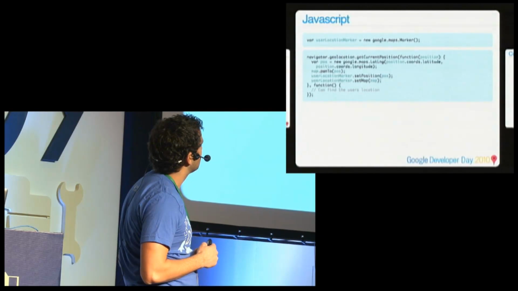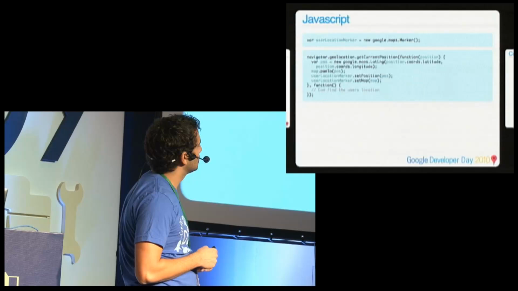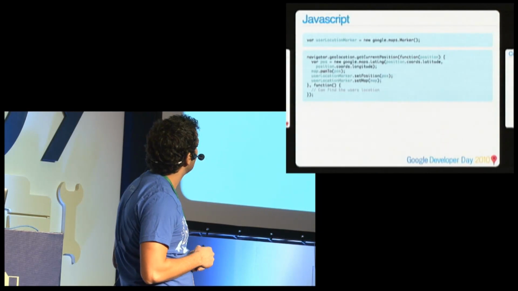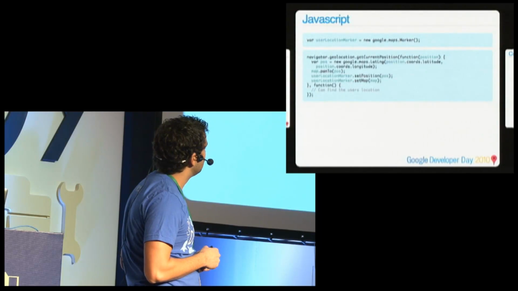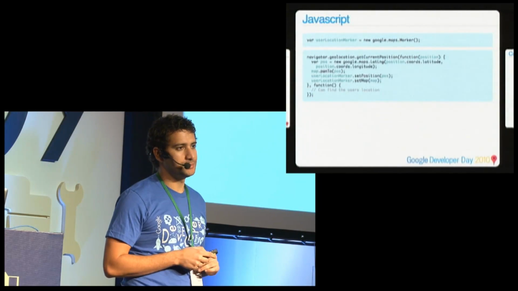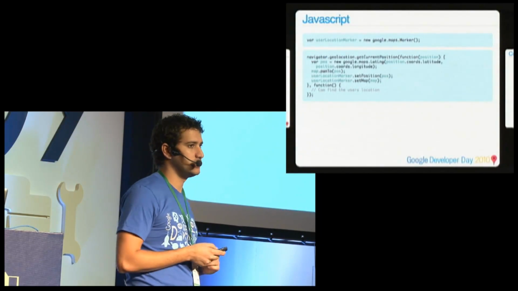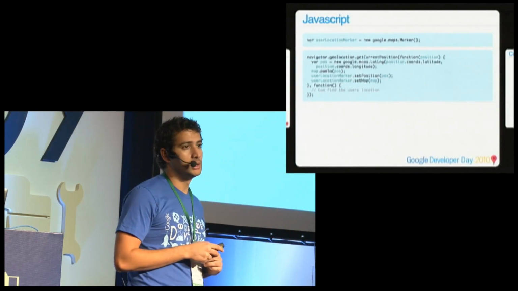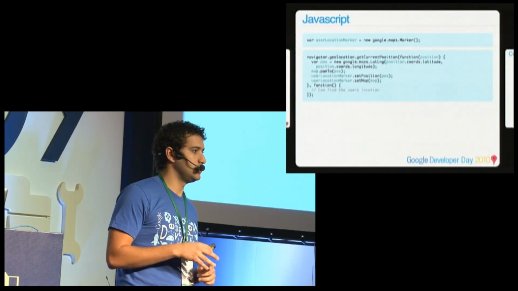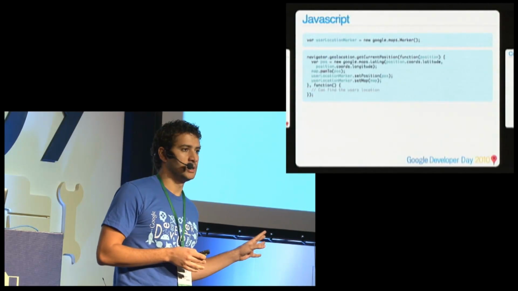I just create a new instance of marker, google.maps.Marker, and I set the position to the position I got back from the geolocation. So I set its latitude and longitude to be where I am, and then I set the map on the marker. For those of you that have used V2, you'll notice a difference here.